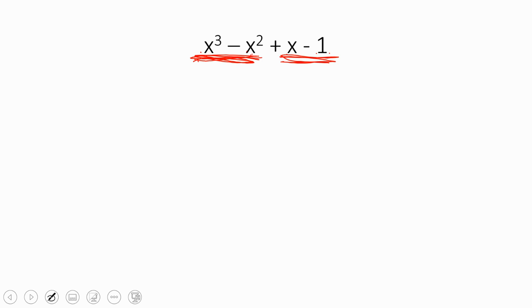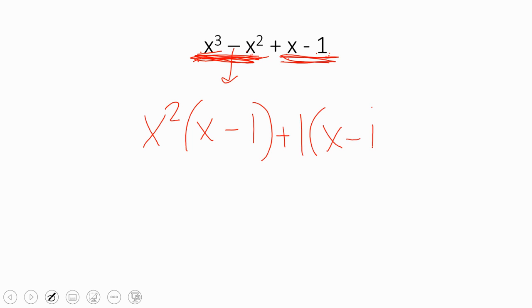So these first two terms, I can take 2 x's out of, divide that by x squared, and I get x. Minus, divide that by x squared, I just get 1. Plus, because I don't have to worry about taking a negative. What can I take out of those? What does x and 1 have in common? Nothing, right? So I'm just going to factor 1 out of it, because dividing them by 1 is not going to change anything.